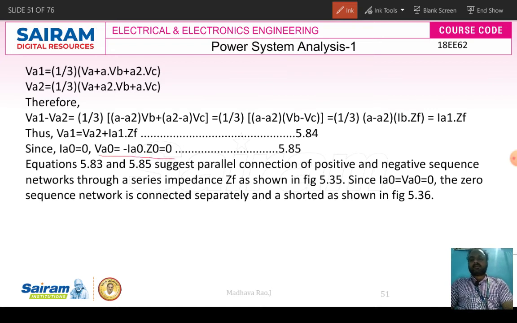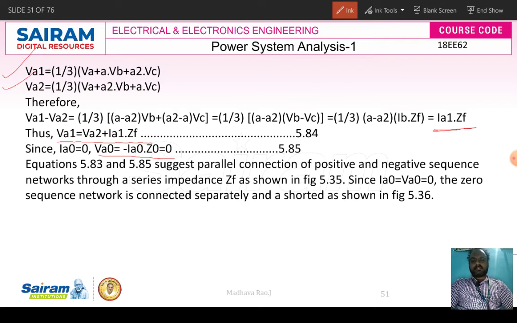VA1 is equal to 1 by 3 into VA plus A into VB plus A square into VC, and VA2 is equal to 1 by 3 into VA plus A square VB plus A into VC. So, VA1 minus VA2 is equal to IA1 into ZF. So, VA1 is equal to VA2 plus IA1 into ZF, right?